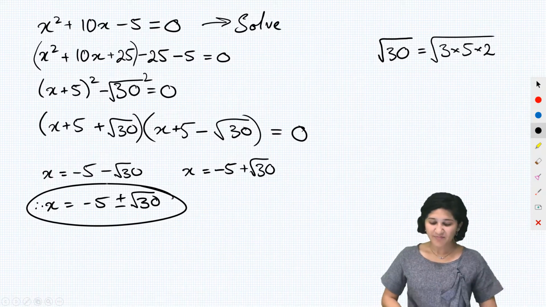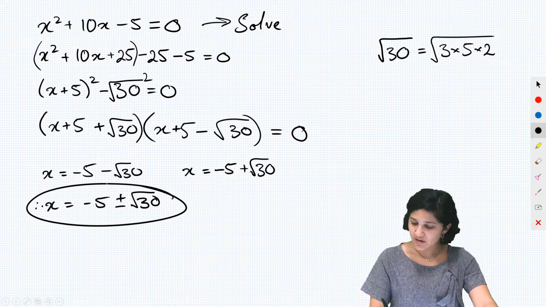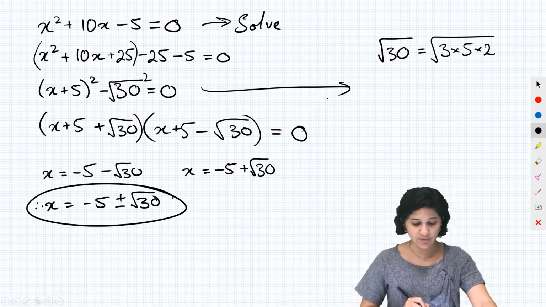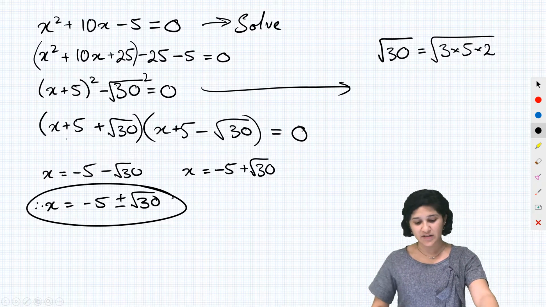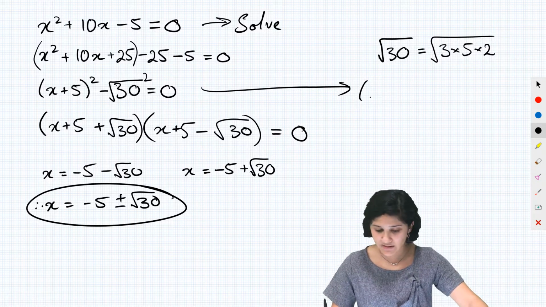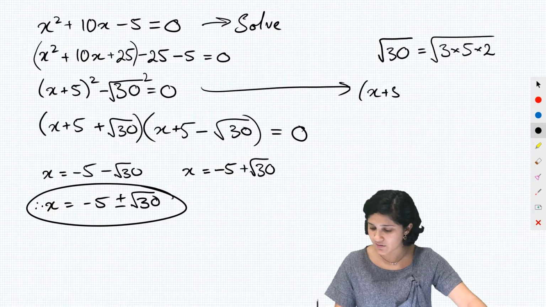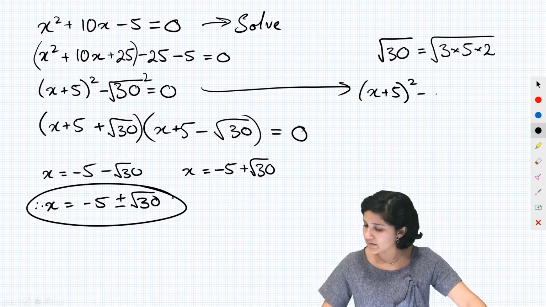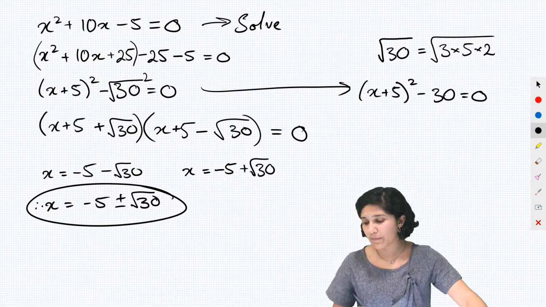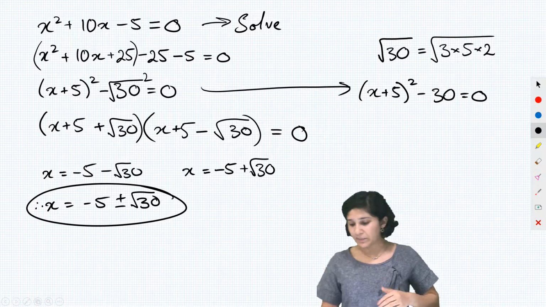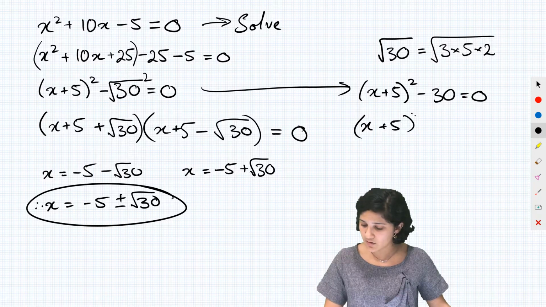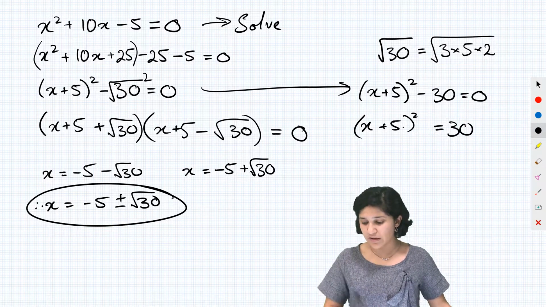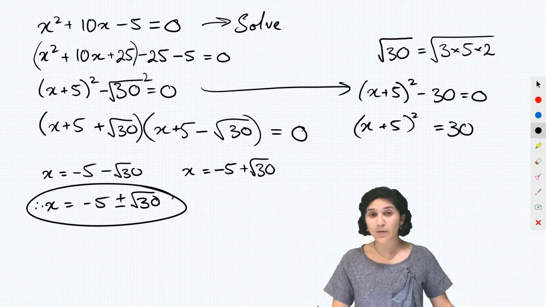Alright, so I'll just go over one other way to solve this. So this is solving by doing difference of two squares factorization. But if I had this part of the equation, x plus 5 squared minus 30 equals 0, I can also solve that directly. So I can go x plus 5 squared, move the 30 over, that gives me equals 30, then square root.